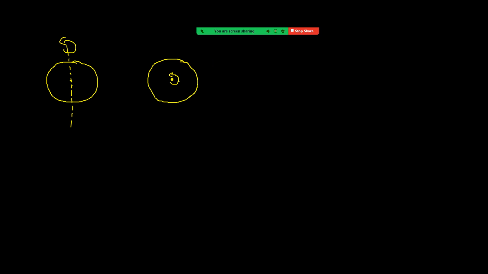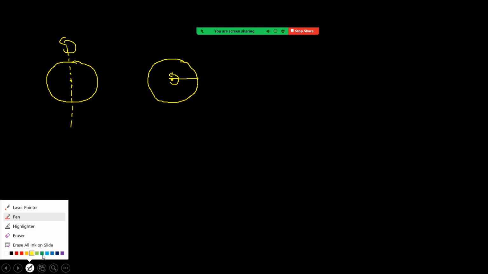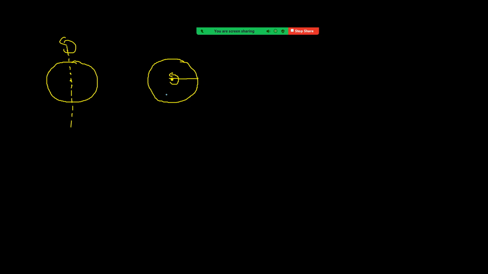If you take any 2 points, suppose this is point A and this is point B. All points follow a circular path and their center will be on the axis of rotation.